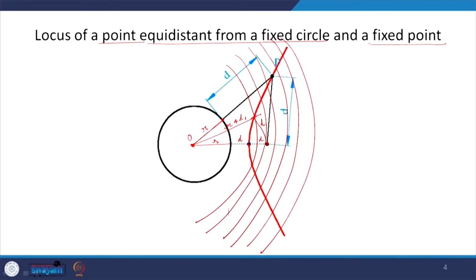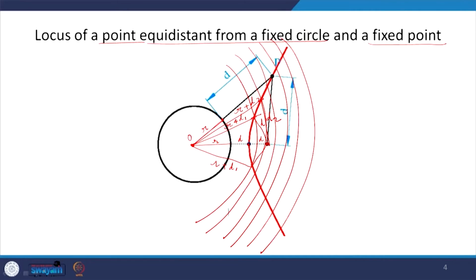Say this is again here, symmetric here. So this is r plus d1. Next, I choose any distance d2, which is here. The distance from the center will be r plus d2.